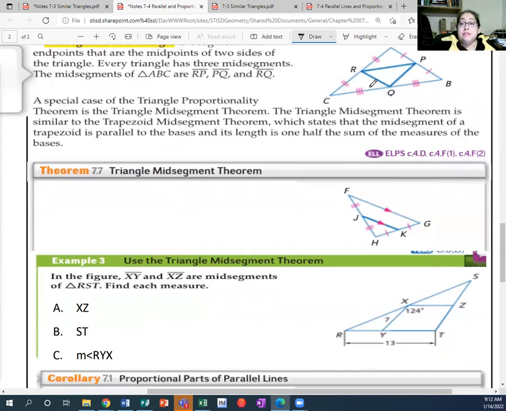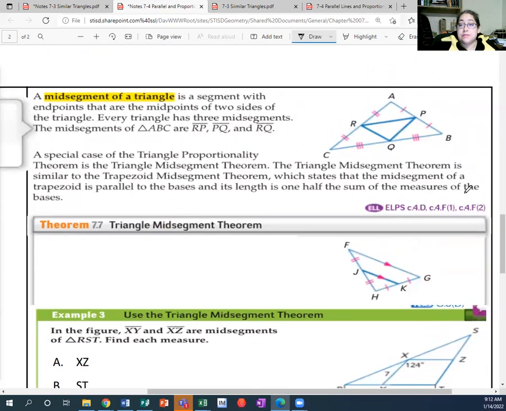The median, this mid-segment of the triangle, is kind of this special case scenario, and it's very similar to that trapezoid mid-segment theorem that we saw last chapter.